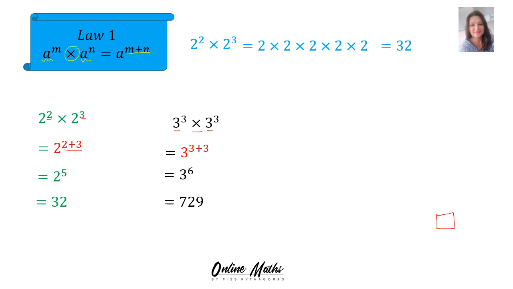You can work that out with your calculator since you know how to do it now. 2 to the 4 times 2 to the 3. Bases are the same, we multiply, therefore we add exponents. So it is 2 to the 4 plus 3, which is 2 to the 7, and when you work it out, it's 128.